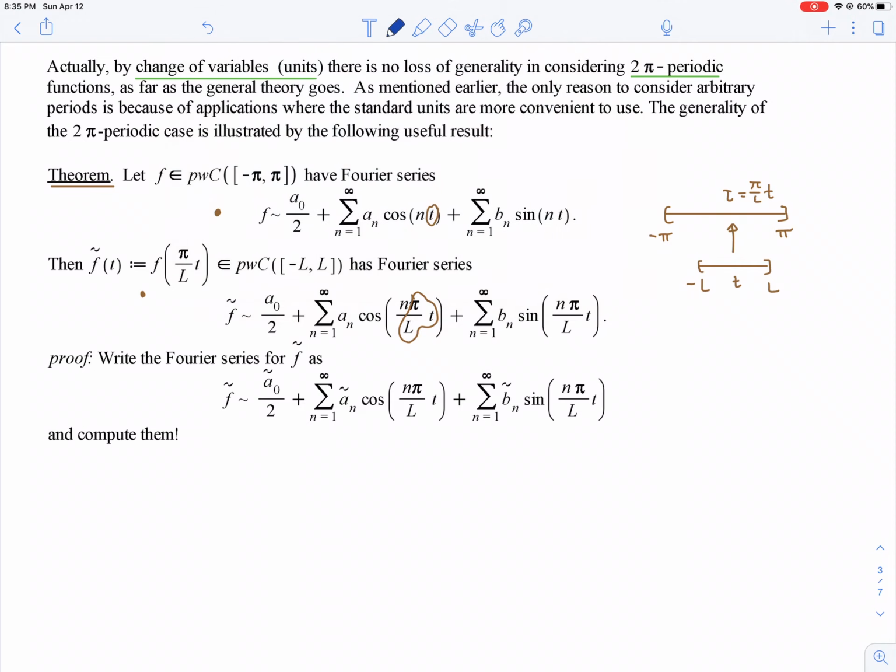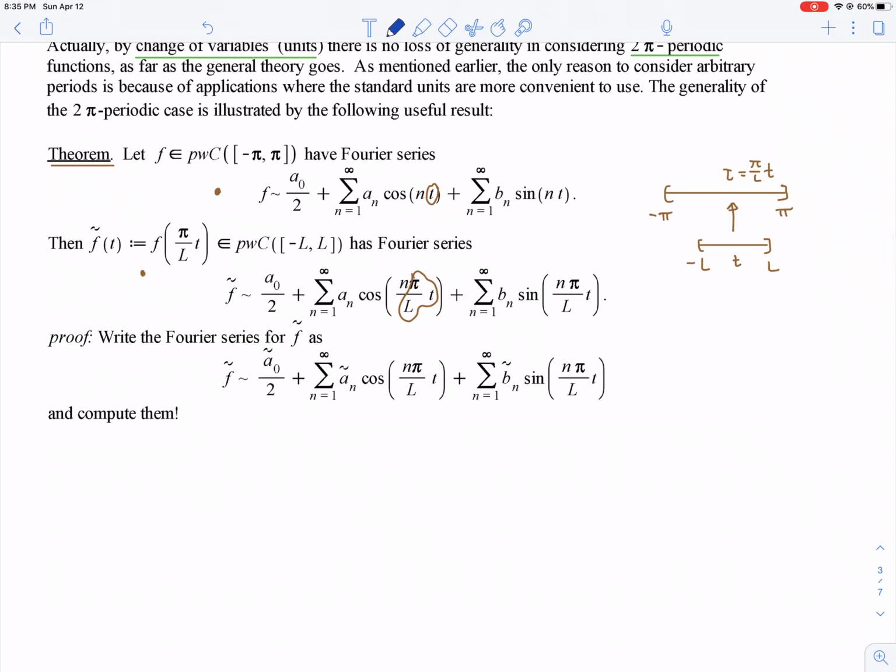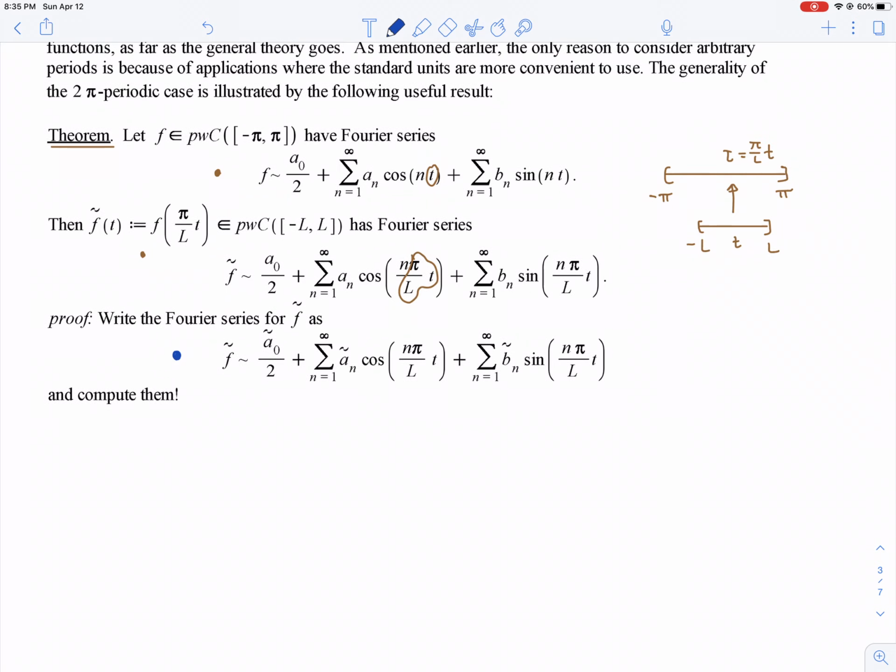We just compute the Fourier coefficients. So f has a Fourier series, as we talked about on the last page, where we have the formulas for the Fourier coefficients. So for example, a naught tilde over 2 is the average value.